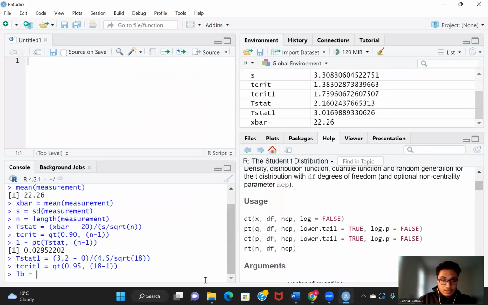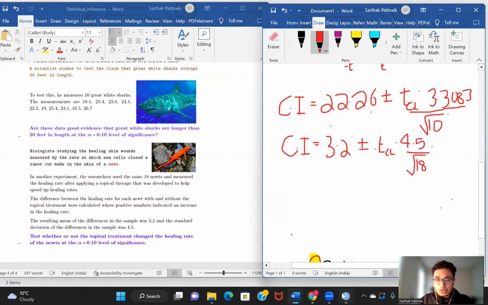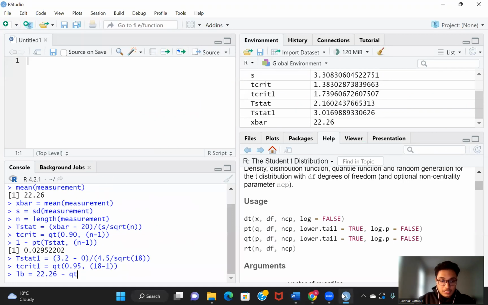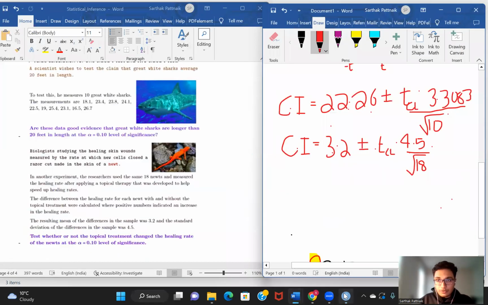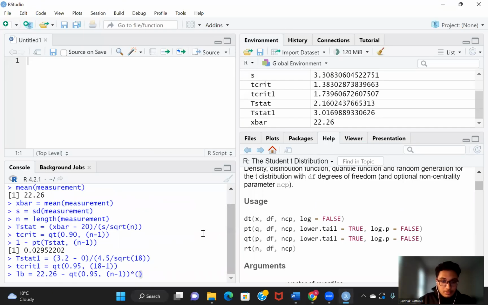So my lower bound is going to be 22.26 minus qt, in this case, and since I have told you that it's always two-sided, we will take 0.95 instead. And my degree of freedom is n minus 1, into what is my S value over here? 3.3083, which is S, divided by square root of n.